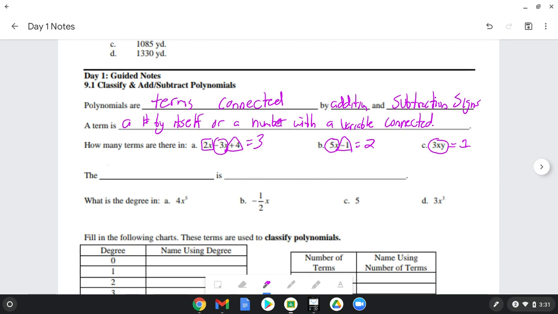The blank, and this is the degree, is the highest exponent you see. So the biggest exponent you see in the problem is always going to be your degree. And that's always the little number in the top right.